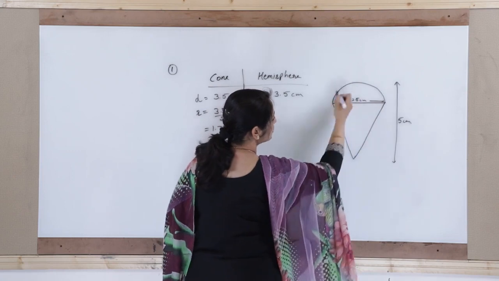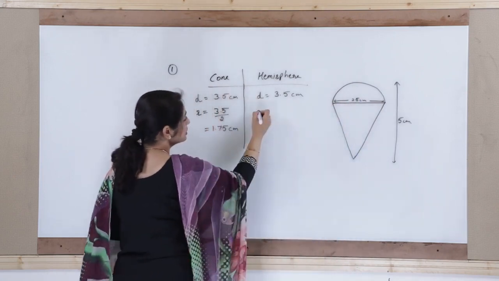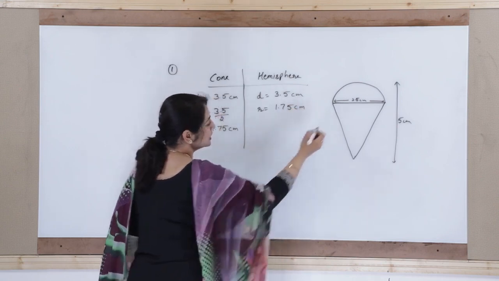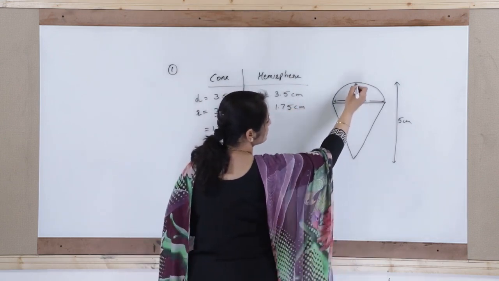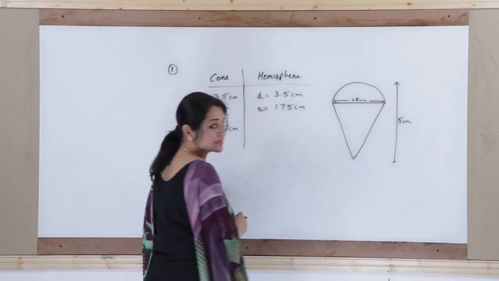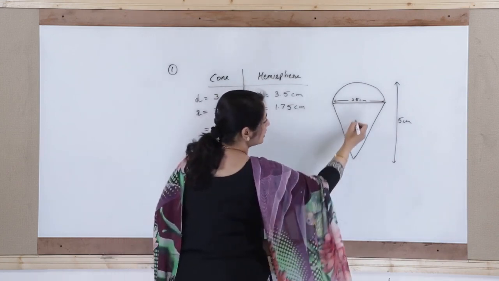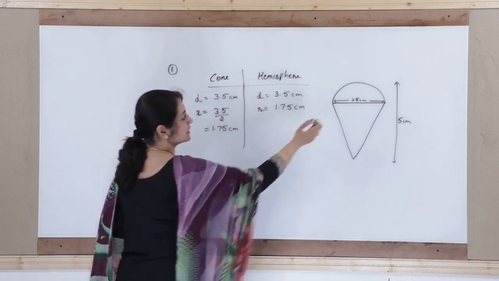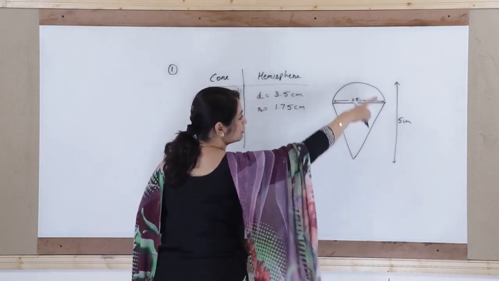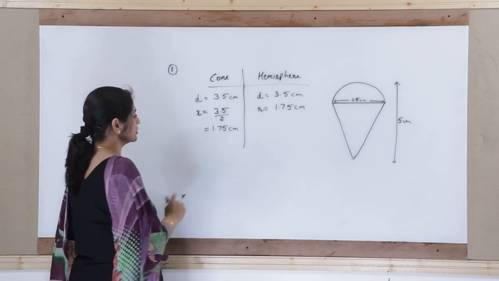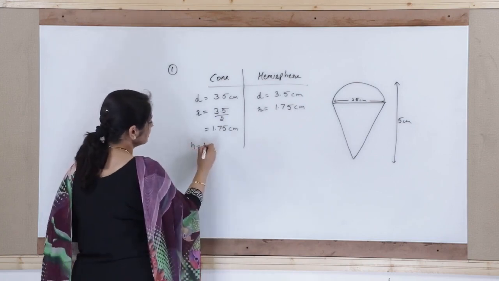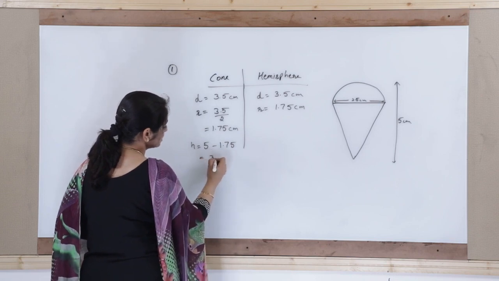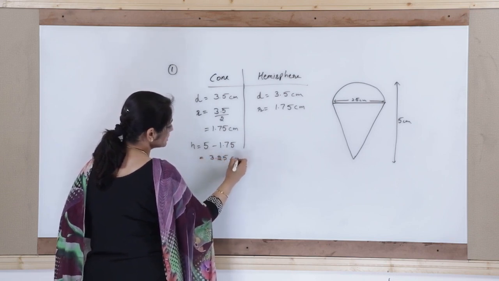Now the diameter of the hemisphere is 3.5 centimeters, so its radius will also be 1.75 centimeters. If this radius, that is this length, is 1.75 centimeters, then what will be the height of this conical part? We can easily find out by subtracting this 1.75 from this total height, that is 5 centimeters. So for height, we can write 5 minus 1.75. It will give us 3.25 centimeters.